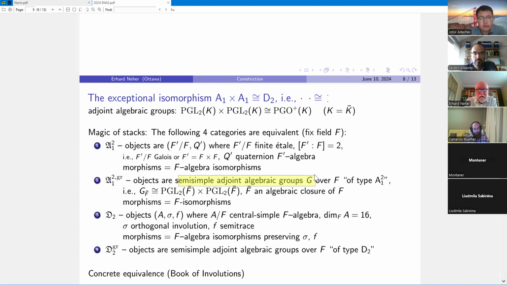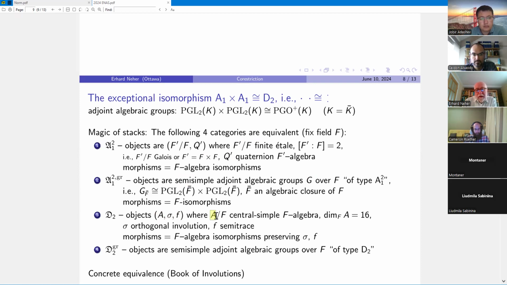And the morphisms in these categories are the F-isomorphisms of algebraic groups.